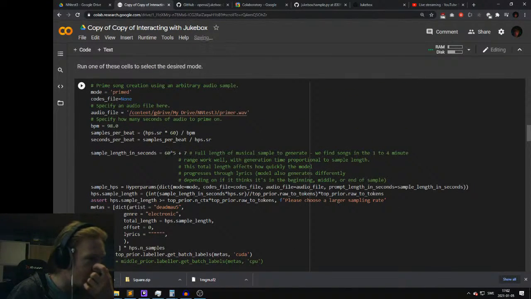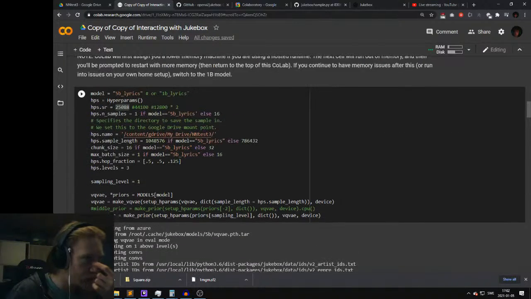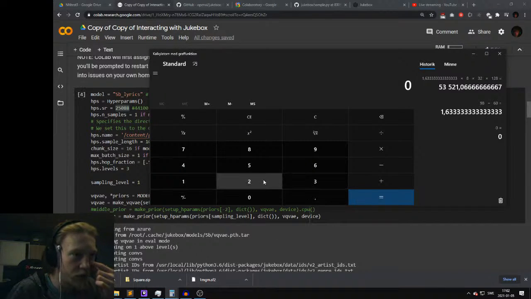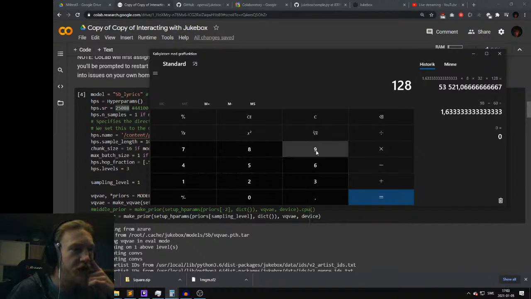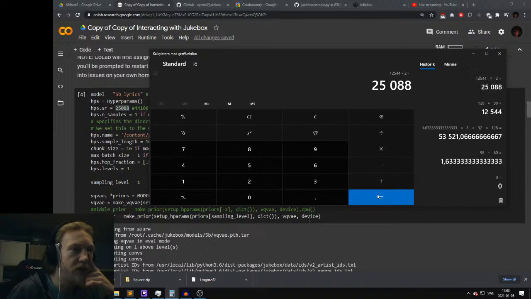How did I calculate before how many tokens per beat, or what I would require? I think it was just 128 times 98 I did. Then times 2? Yeah. Now, does that divide by 32? It does.